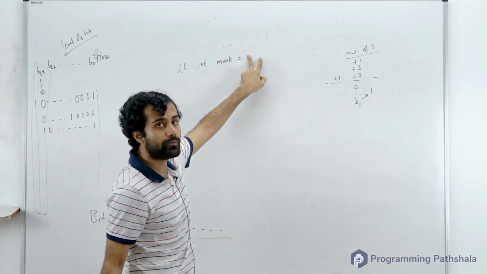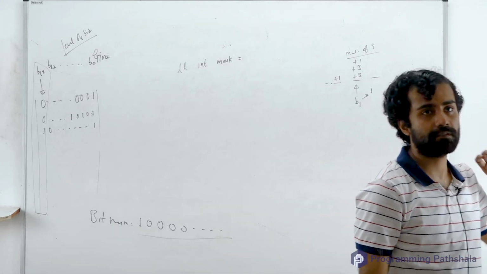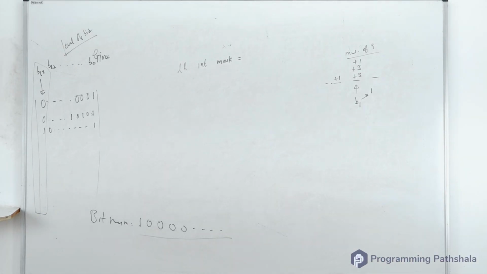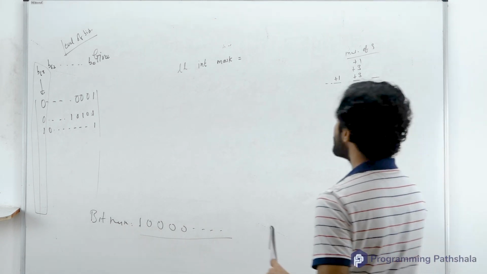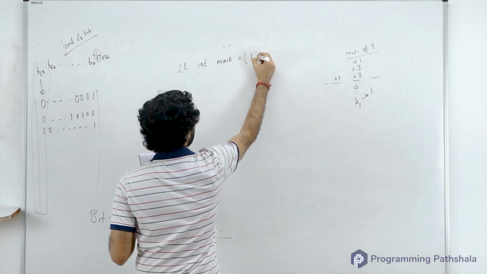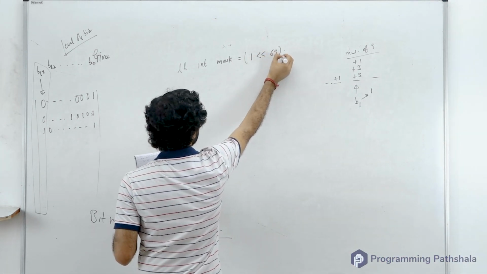What expression will come over here? Can you quickly write that expression in the chat? I want to create the number which has 1 at the 63rd bit and everything else is 0. What do I write for that? Yes, very good: 1 left shifted by 63 units.